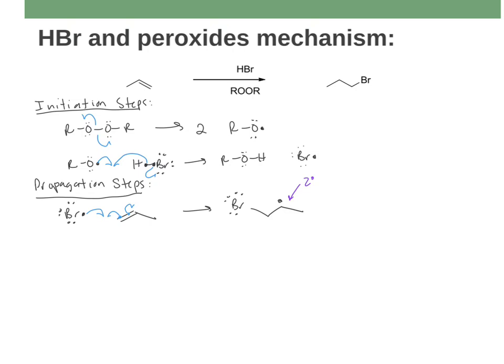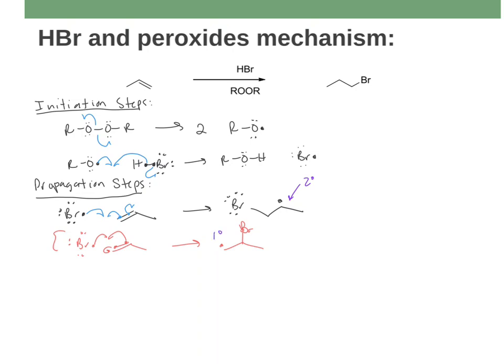You can imagine, I'll put this in red, this will be parenthetic, this is not going to happen, but you could imagine the bromine radical instead reacting with an electron from the other side and leaving behind a primary radical. But again, that's not going to be nearly as stable, right?